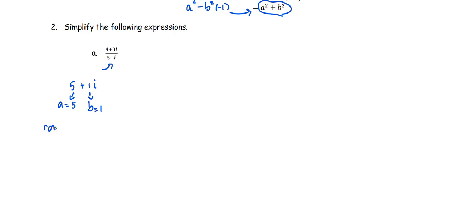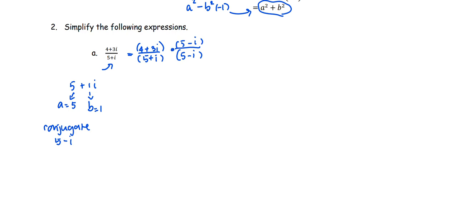Therefore, the conjugate of the complex number 5 plus i is 5 minus i. Then we're going to use the complex conjugate to multiply top and bottom of this expression, putting in parentheses here. So 5 plus i on the bottom, and then multiply by the conjugate 5 minus i, top and bottom, 5 minus i.